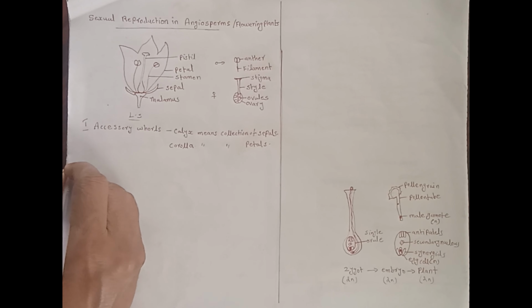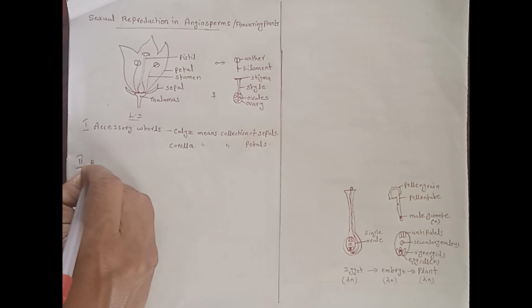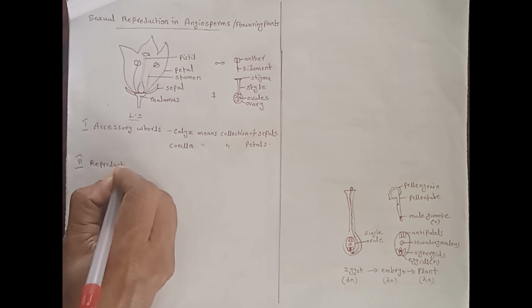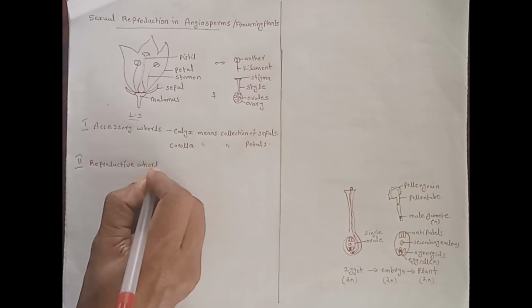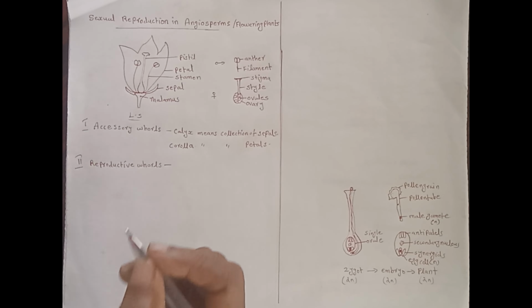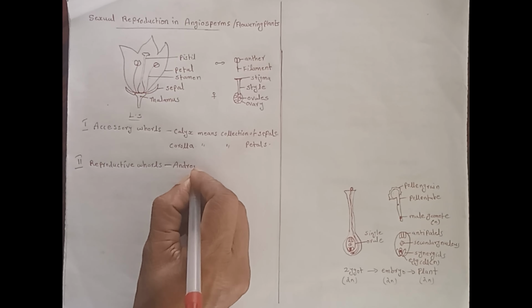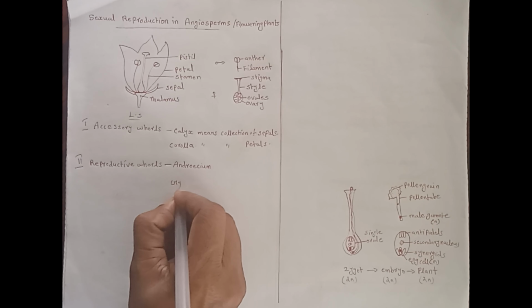Then the next whorl, that is the reproductive whorl. That means androecium and gynoecium.